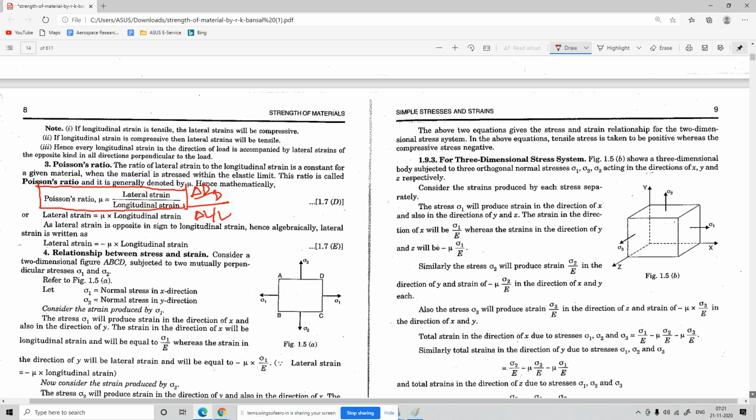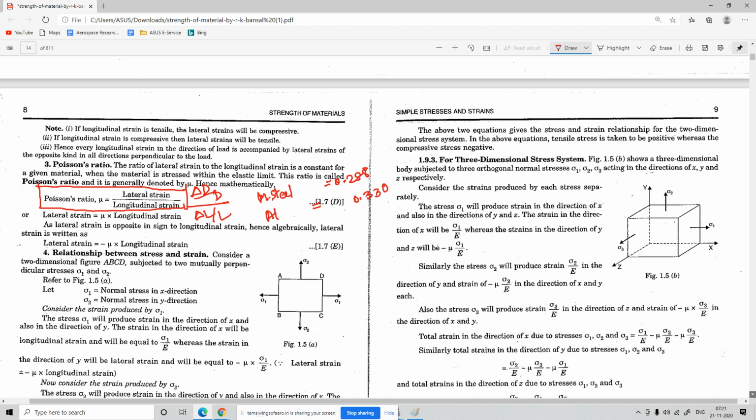Again, here you need to remember a few of the Poisson ratio values. First of all, for mild steel, the Poisson ratio value is 0.288. Then for aluminium it is 0.330.